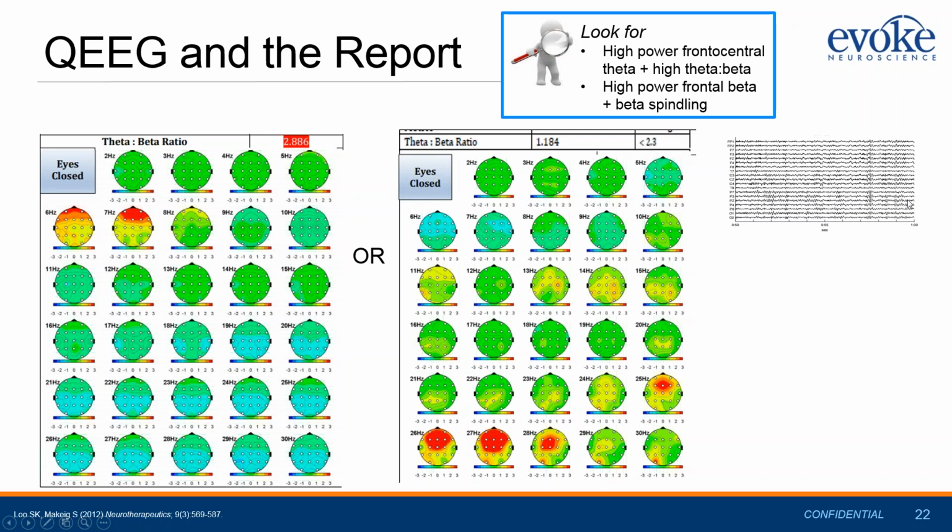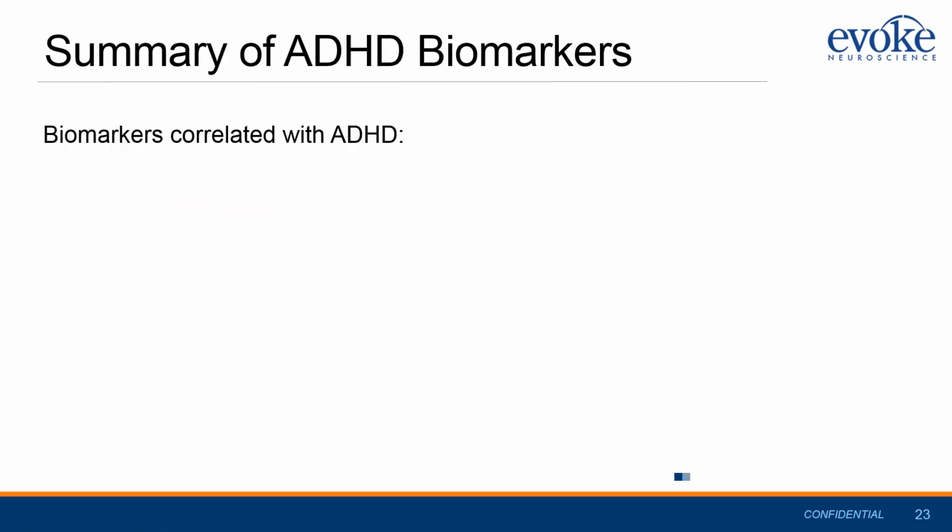And usually it's coming hand in hand with beta spindling. Now, I'll note there's a lot more you can read about these different patterns of ADHD presentations in the brain. There's a great review article you can look up for further reading if you're interested, but this is the distilled message of it, just what to look out for when you're going through eVox reports.